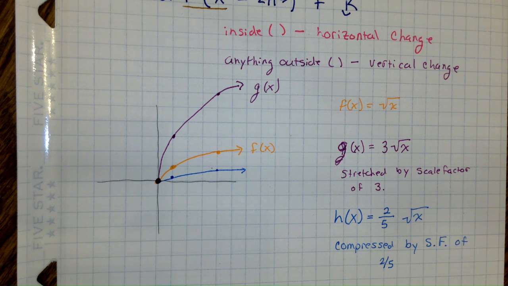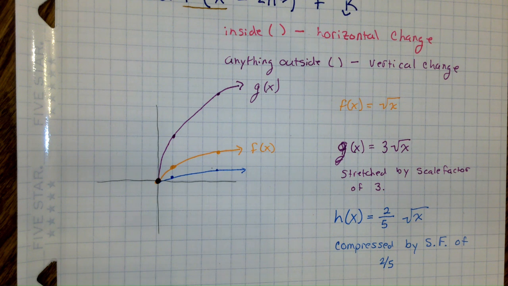So what's the difference here? Well, if you think about multiplying your bank account by 3, your bank account's going to grow. If you multiply your bank account by 1, nothing's going to happen. But if you multiply it by a fraction smaller than 1, then it's going to shrink or compress.